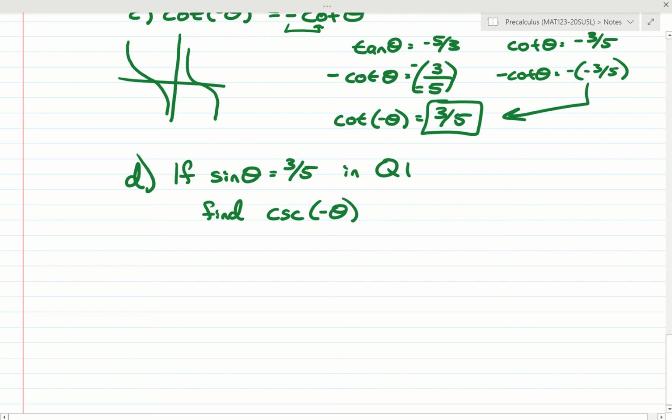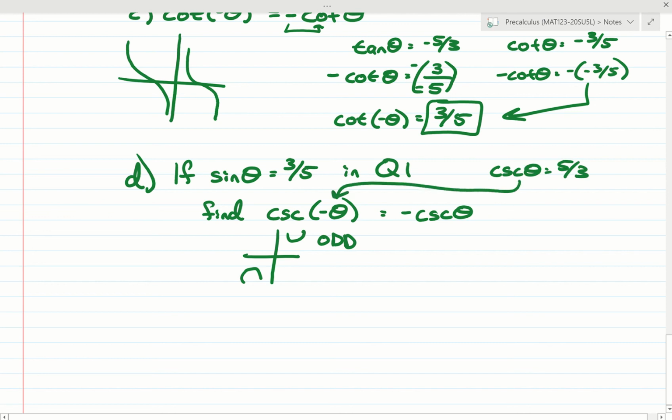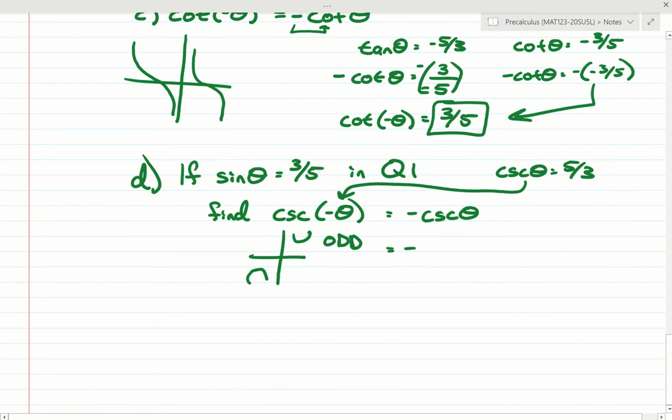Well, cosecant, if you remember the graph of cosecant, it looked like this. Cosecant was an odd function. So the cosecant of negative theta would be the opposite of the cosecant of theta. So if sine is 3/5, cosecant of theta is 5/3, and then cosecant of negative theta would be the opposite of the cosecant of theta.